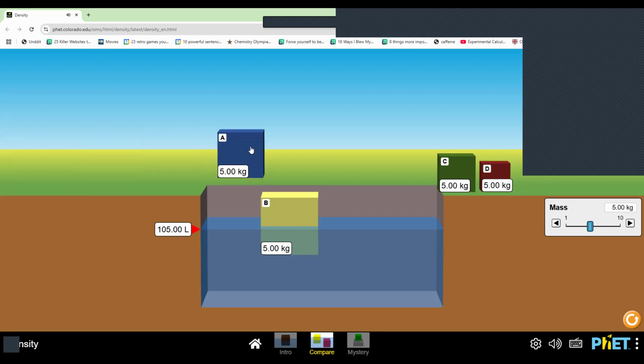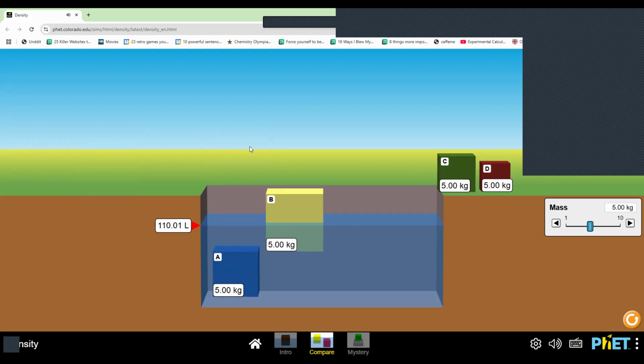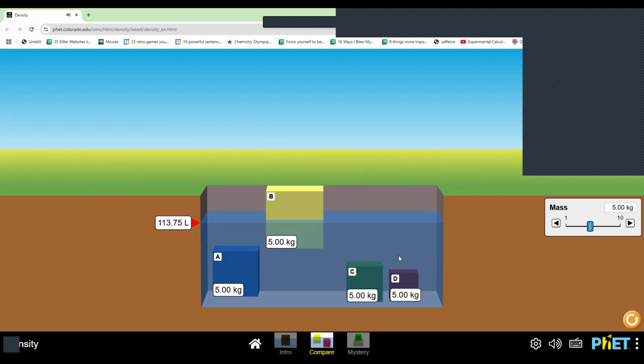Or B is 1 kilogram per liter. Oh, A is 5 kilograms and it has a smaller volume, so it sinks. C sinks. D sinks.